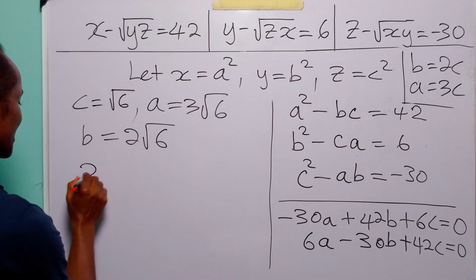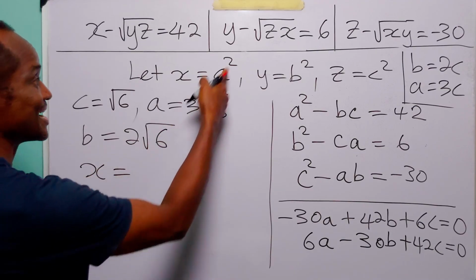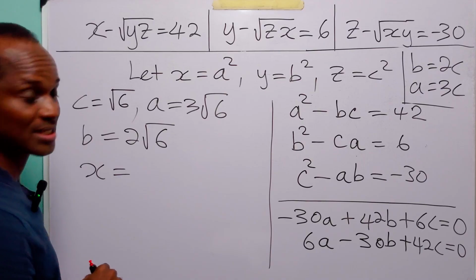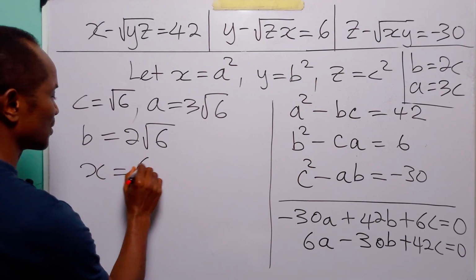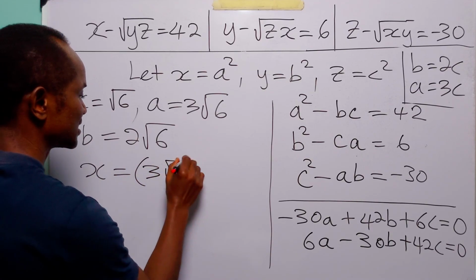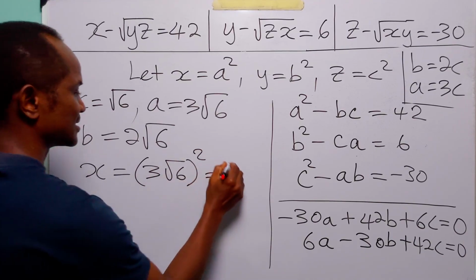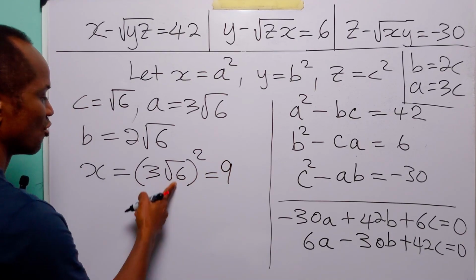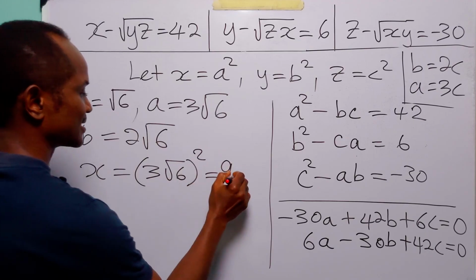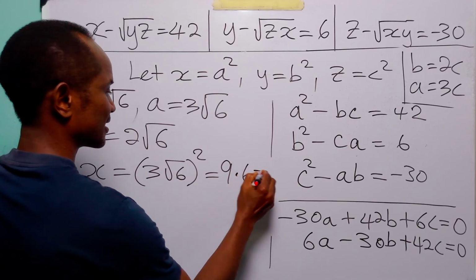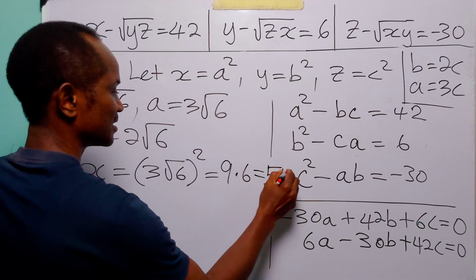So we have that x is equal to A squared, and A is equal to 3 root 6. So x is going to be equal to 3 root 6 squared. 3 squared is 9. Root 6 squared is 6. 9 times 6 is equal to 54.